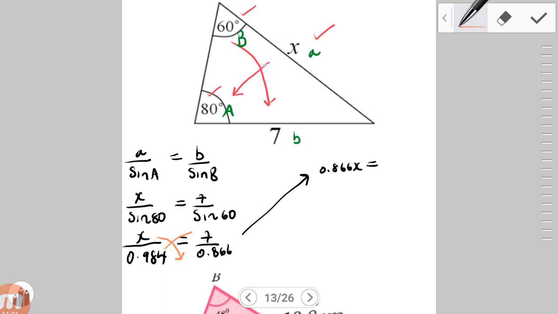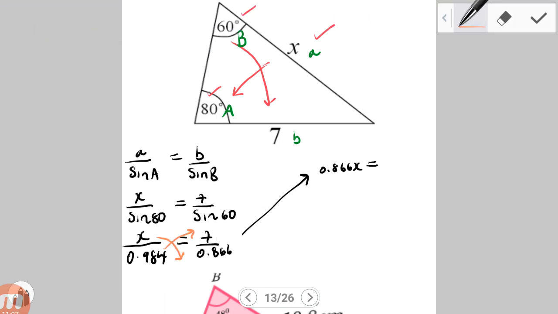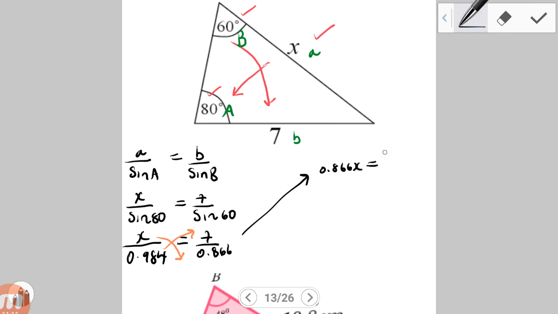We're going to multiply 7 by 0.984. We could just write that down if you want to. So that's going to be equal to 7 times 0.984. Alright, so we're just taking it a step at a time, guys, for the first example.